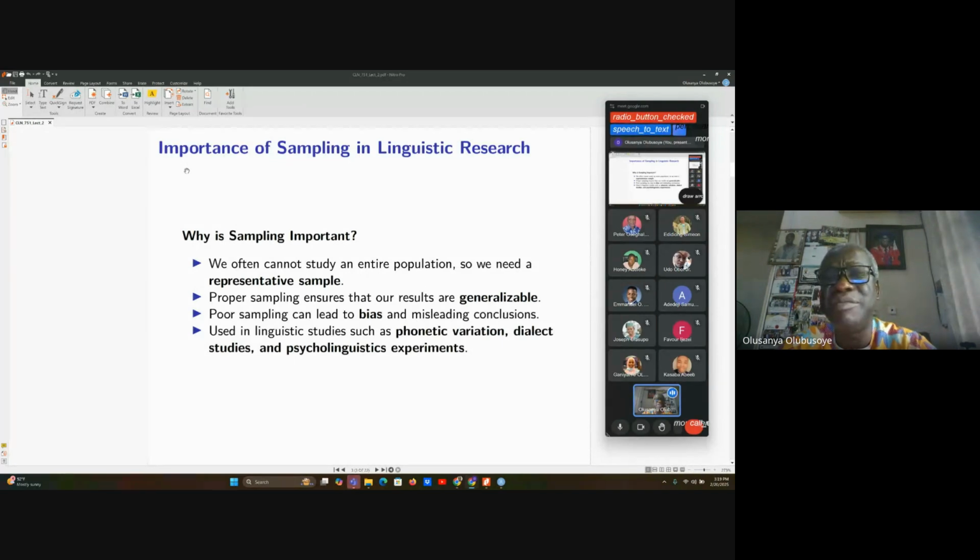Can somebody tell me how I can introduce bias into my sample if I'm dealing with this Yoruba speaking group or tribe? How can I introduce bias?